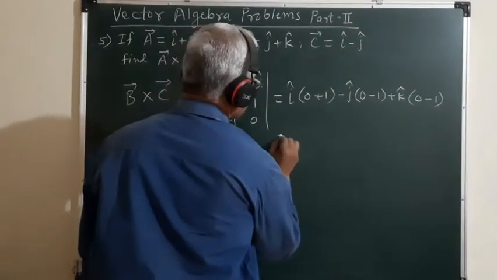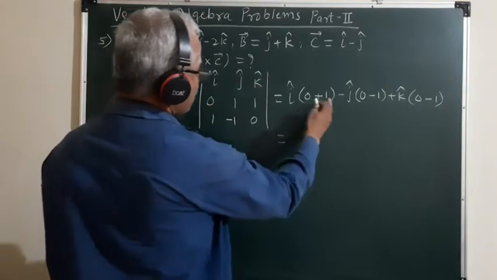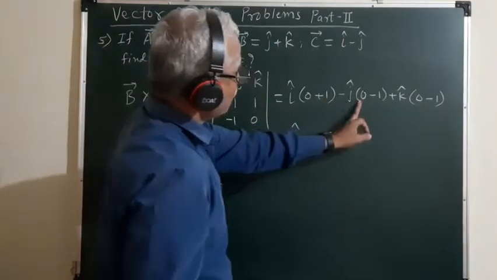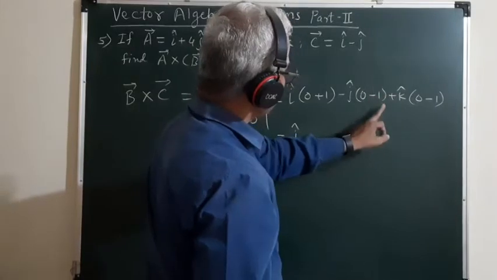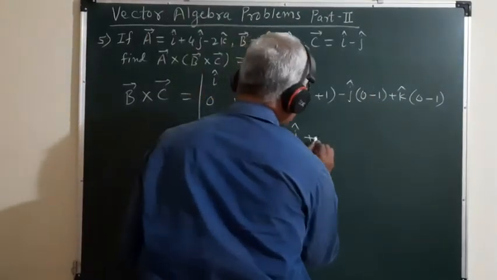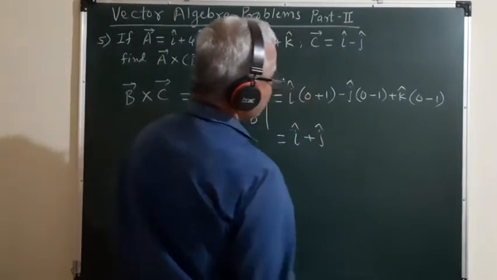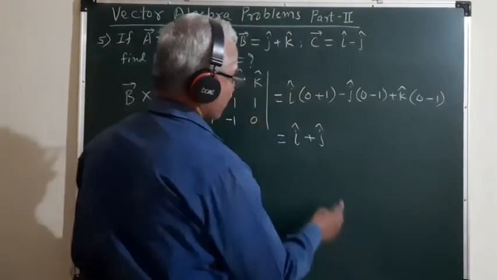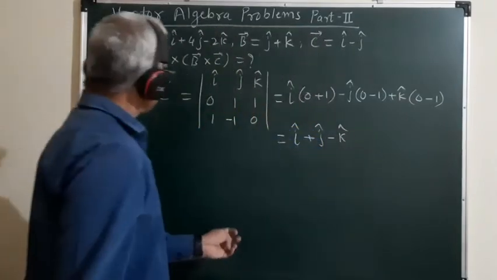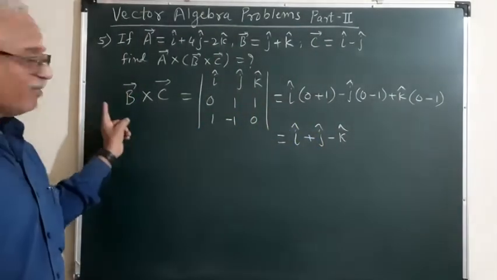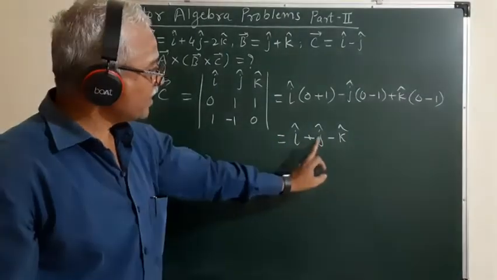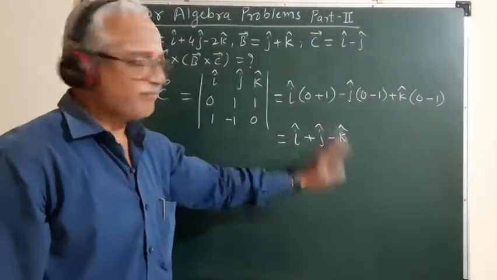So this works out to be equal to 0 plus 1 is 1, so it is i cap. 0 minus 1 is minus 1, so minus of minus becomes plus, so it is j cap, and 0 minus 1 is minus 1, so it is minus k cap. So the vector b bar cross c bar works out to be i cap plus j cap minus k cap.